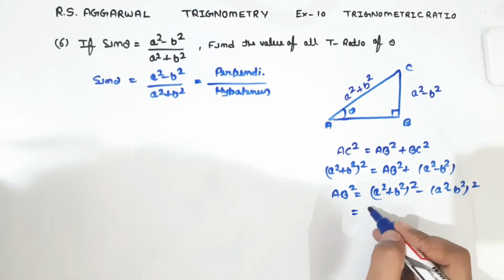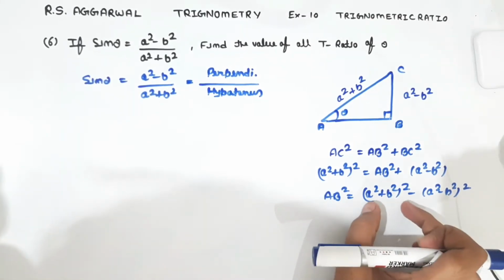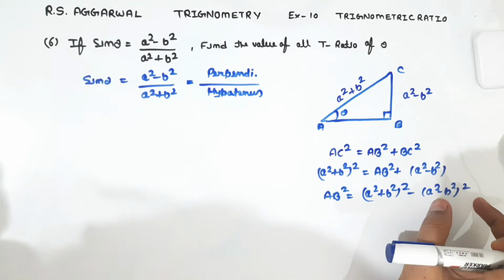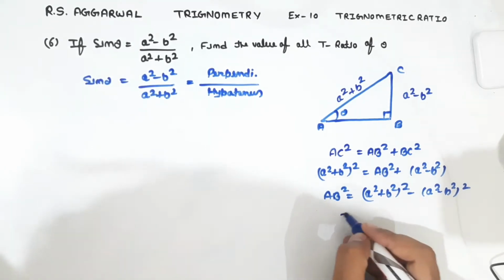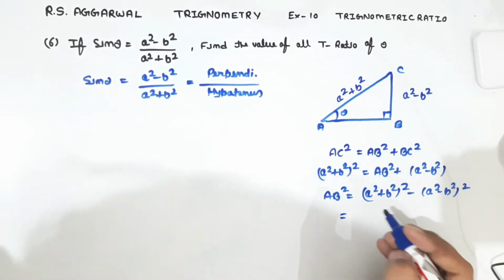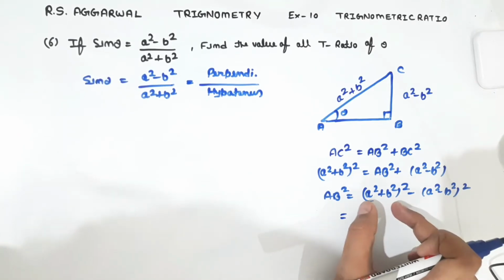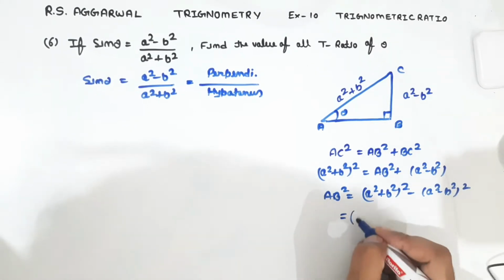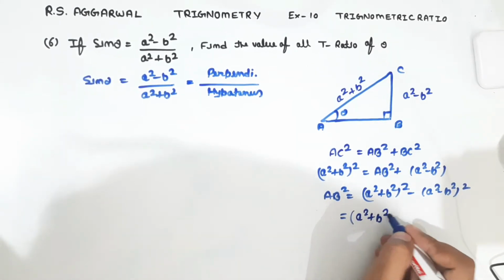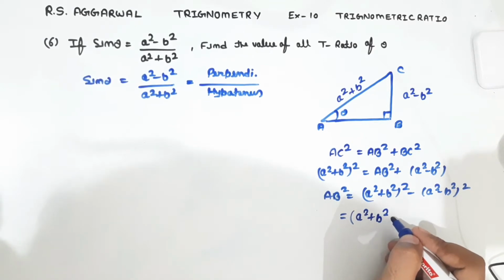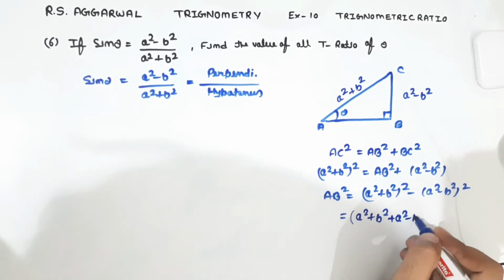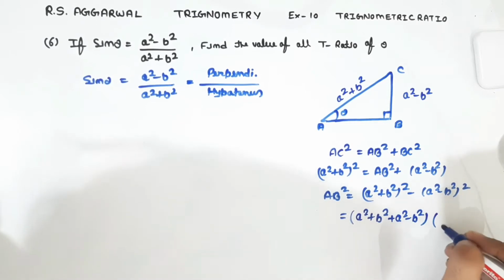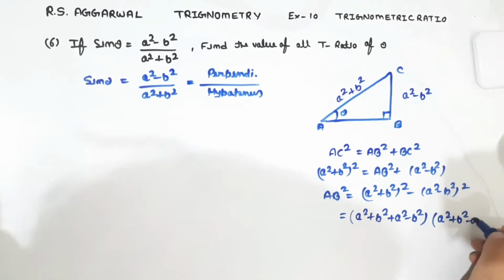So we know that A square minus B square will be A plus B and A minus B. So here A is a square plus b square and B is a square minus b square. So a square plus b square plus a square minus b square, second bracket a square plus b square minus a square plus b square.